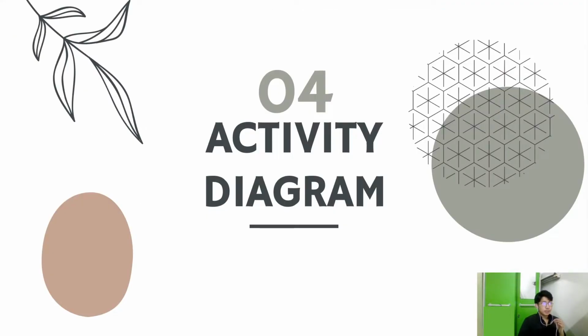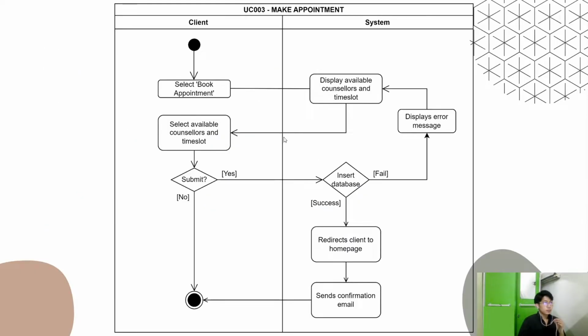Next is the activity diagram. We start with the client selecting book appointment. After that, the system will display available counselors and time slots, and the client will select an available counselor and time slot, and then decide whether to submit or not. If they do not submit, the activity ends.